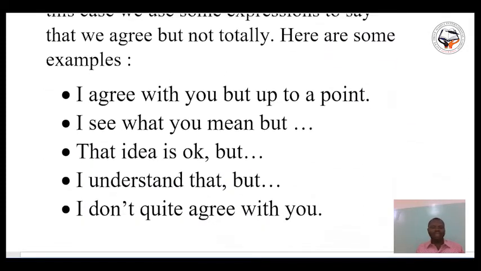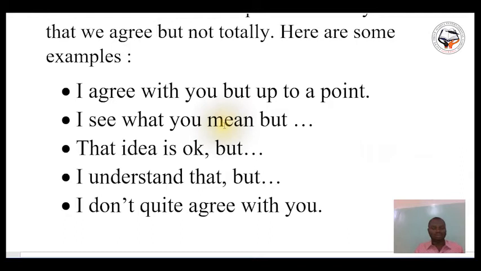Here are some examples. But keep in mind that here they are not numerous. You have to memorize all of them because there are just five. They are not numerous like the agreement expressions we saw last time. The first expression to say that you don't totally agree with someone is: I agree with you but up to a point.